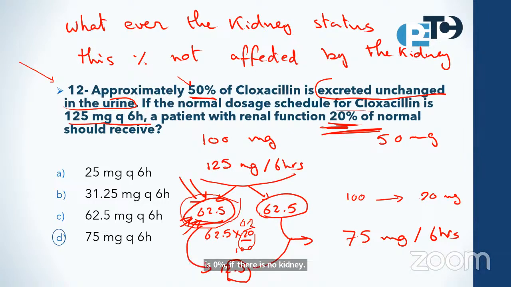So we should exclude it from the calculation. Why do we need to adjust it? It will not be affected. We need to adjust the amount that is affected by the kidney. So if the first part, the 50%, is not there, we would do 125 times 20% as dose adjustment. Yes. Okay. All right. Good. Thank you.